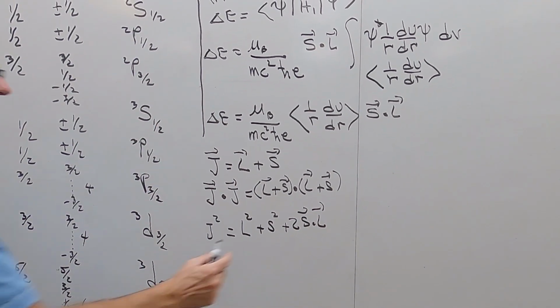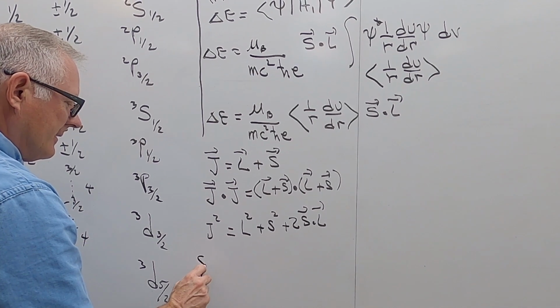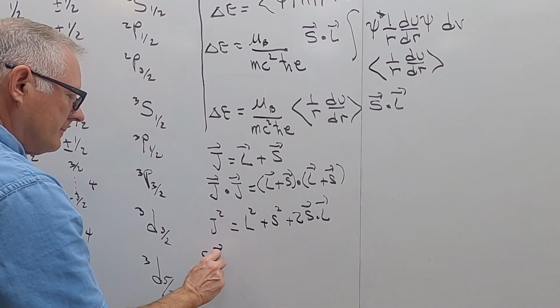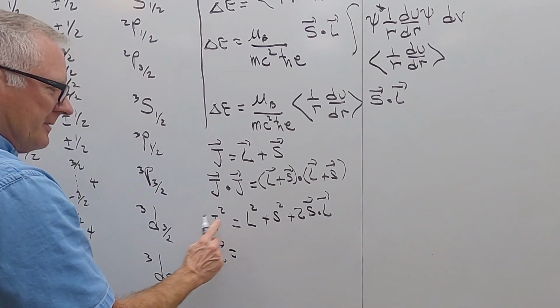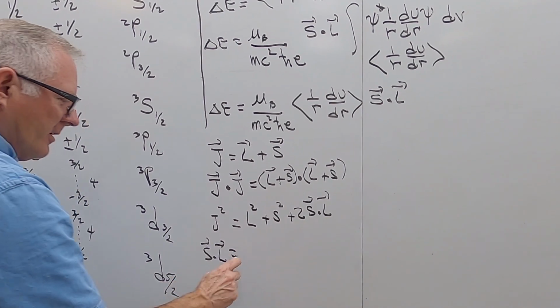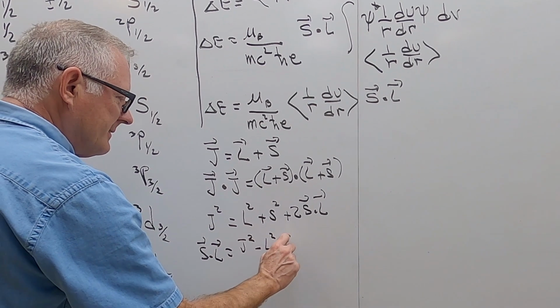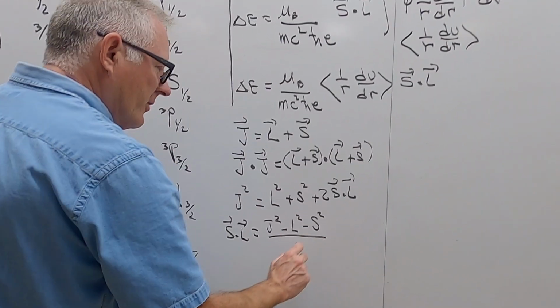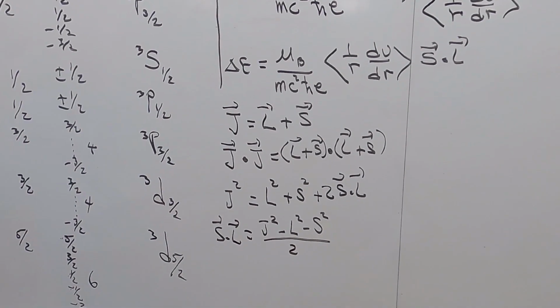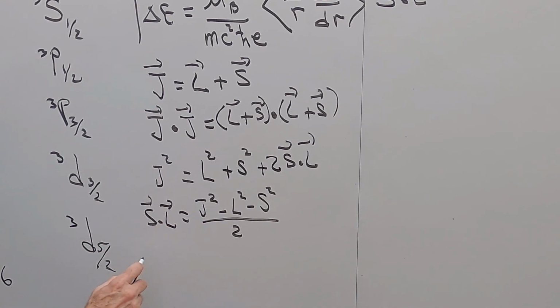Or I can get the S dot L out of here. S dot L is this minus this over 2. So it's J squared minus L squared minus S squared all over 2, or we know what J squared is.